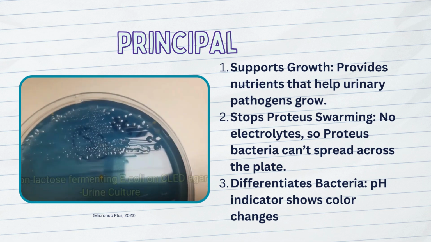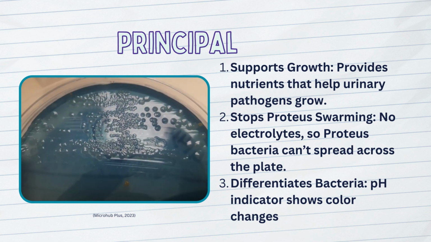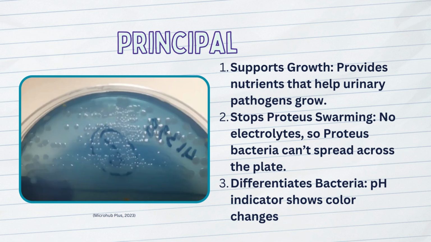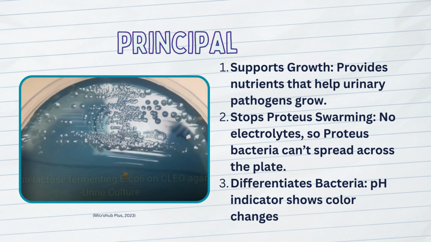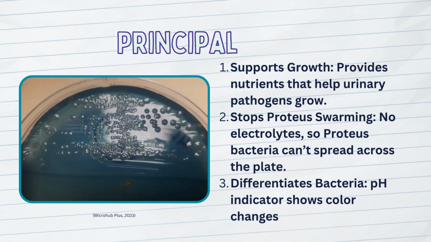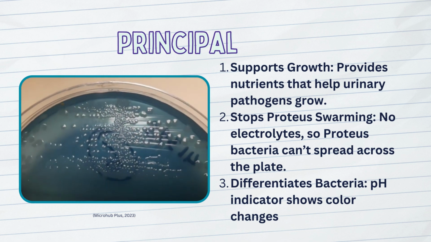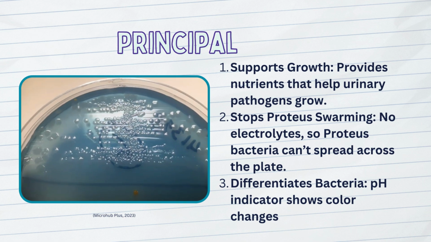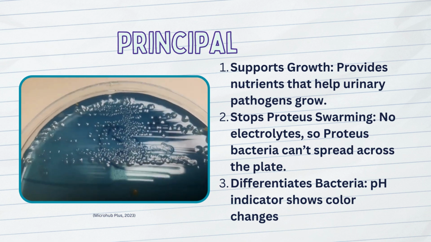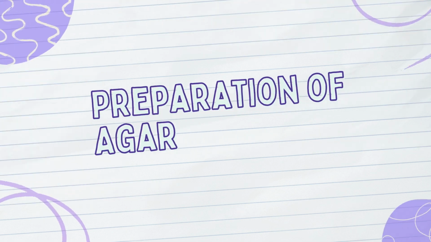CLED Agar does not inhibit the growth of gram-positives, but there are some gram-positive bacteria that might not grow, or how can I say this? They'll grow either slowly or not at all, but all urinary pathogens should be able to grow. Let me continue on.